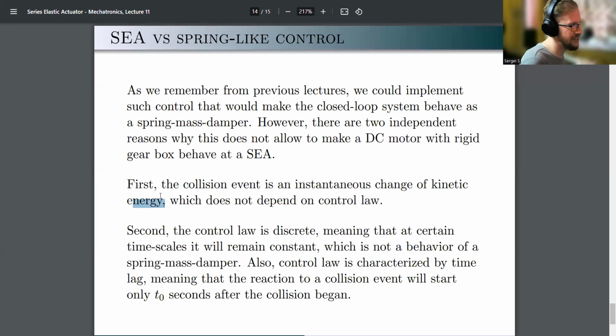So that is the solution. For the output shaft, there would be instantaneous changes of kinetic energy. But we can design the output shaft to be very rigid. For example, it's not going to have a gearbox, no teeth, no moving parts.